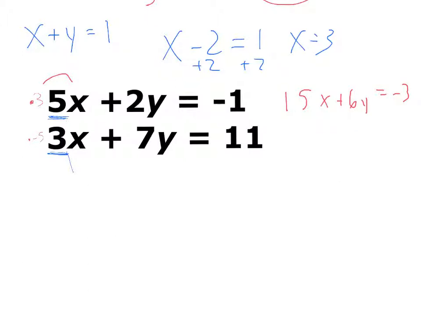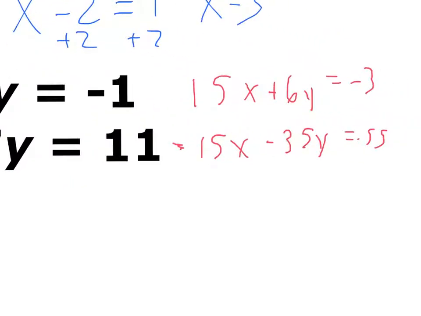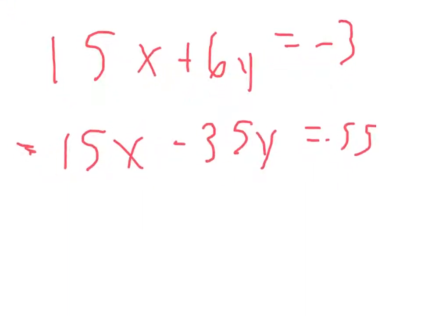So we have negative 5 times 3x, which would give us negative 15x. Negative 5 times 7y would give us negative 35y. And negative 5 times 11 would give us negative 55. And so here's what we have.